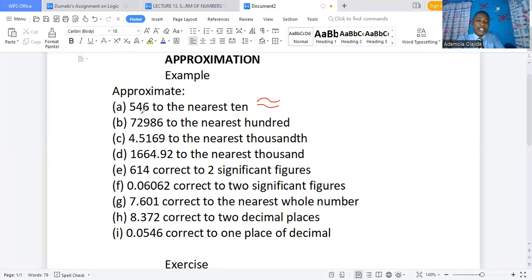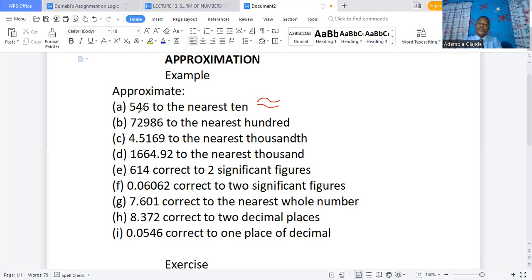That means if I stay on this 4, I would have written 5, 4 and turn every other thing to 0. But before you do that, since this 4 occupies the 10th position, you now check the next digit, which is this 6. Any digit from 5 to 9, we say we round it up. That is, we turn it into 1 and add it to the digit we are standing on.